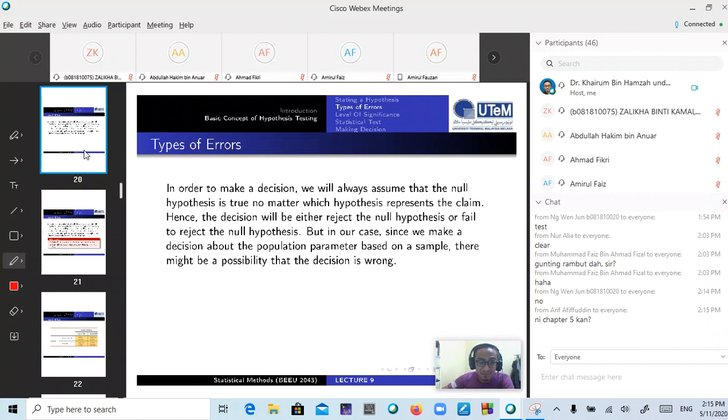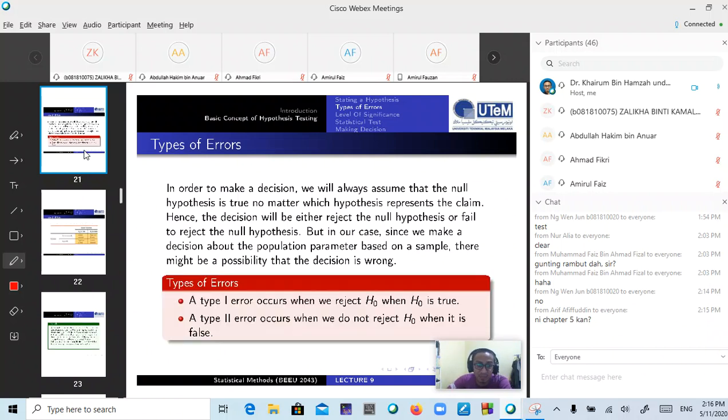Okay, in order to make a decision, sometimes our calculation does not tally with the real situation. Okay, the real situation is actually reject H0, but our calculation shows fail to reject H0. Okay, dia tak tally, so that's why we call it an error, whether it is type 1 error or type 2 error.